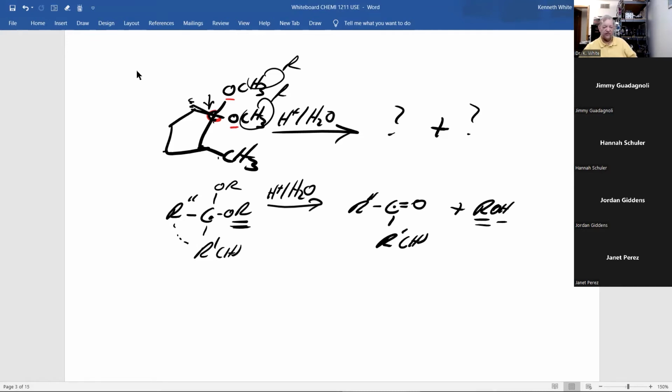So let's do this. This carbon right here is this carbon, which means I have that ketone. Then my R group is methyl. So I have this alcohol, and that's what you get.